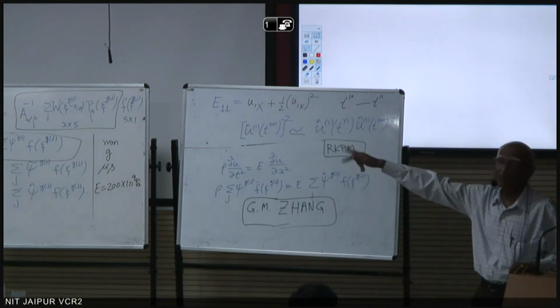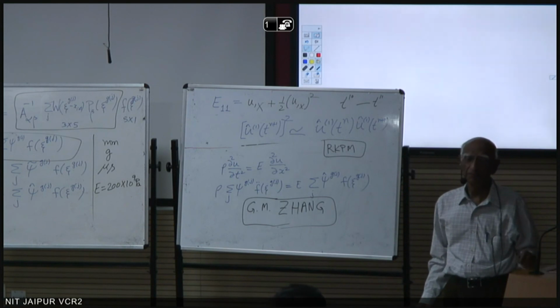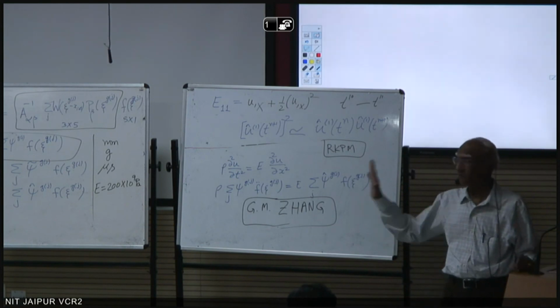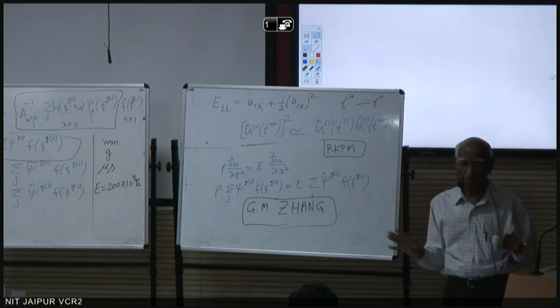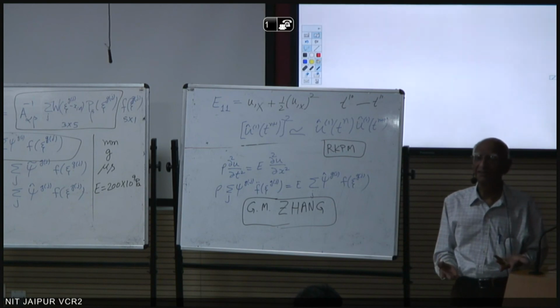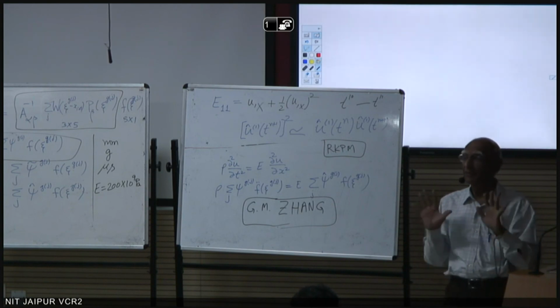You just put a ninth node at the center. Eight. No, 9 nodes. I can have 10 nodes too. You need complete polynomials.